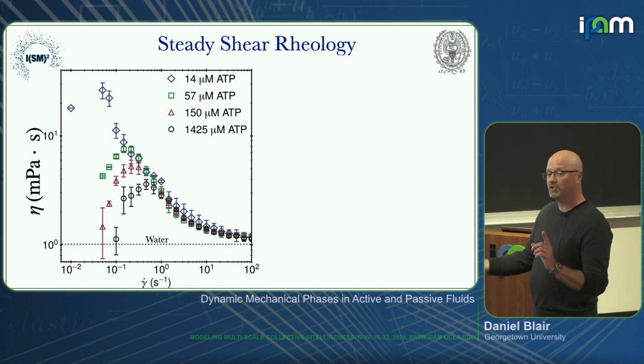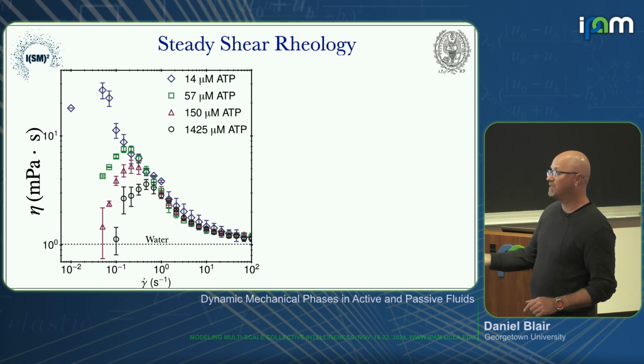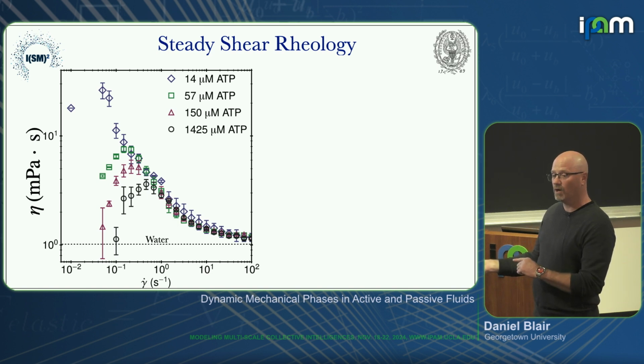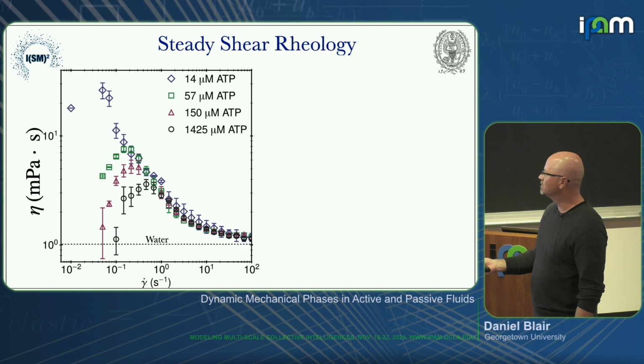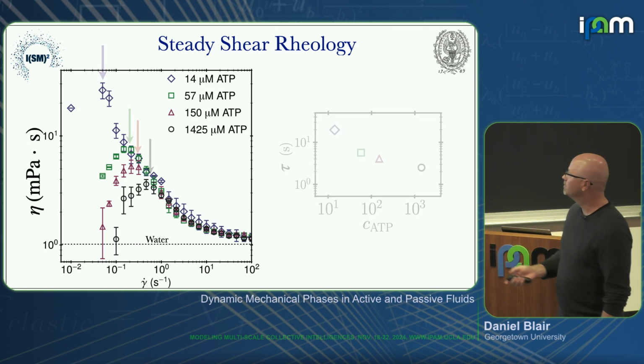Now, remember that plot I showed you of shear thickening and shear thinning? It's exactly what's going on here. As I shear my material, it gets thicker. That's all we do in my lab is shear thickening, it turns out, for every material we're interested in. For every concentration of the material that we're studying, as we go up in shear rate, the viscosity goes up, it goes up, it goes up, and then it universally thins.